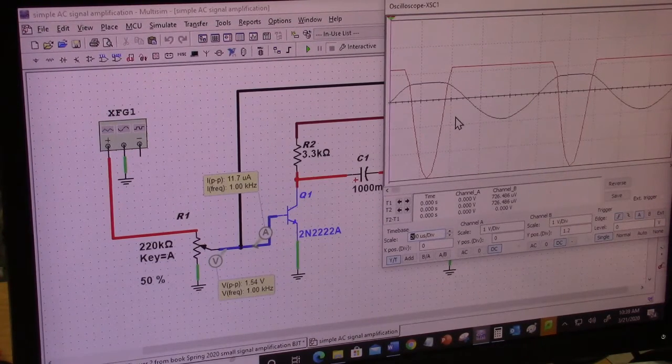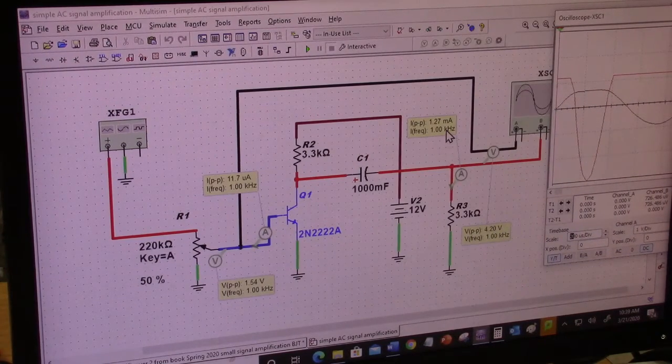For example, for a signal amplifier of a thermistor or a thermocouple, this is perfect, as long as 1 millivolt in, 4 volts and 1 milliamp out is sufficient. But realize that the input is 11 microamps. That's a really, really small current that you're putting into this device, and you're getting one hefty output out of this.